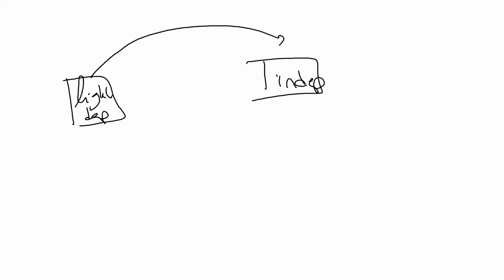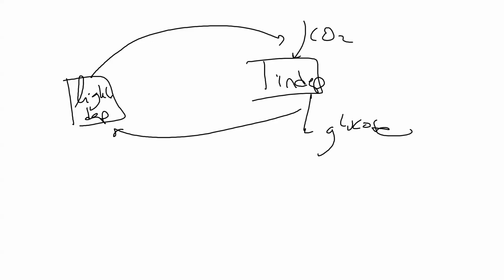Here we have the light-dependent reactions, and here we have the light-independent reactions. Here it will use CO2 to produce glucose, and then use H2O to produce oxygen.